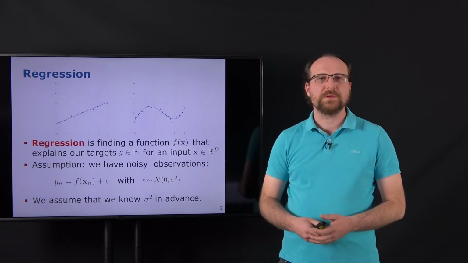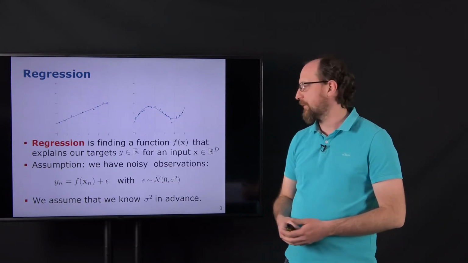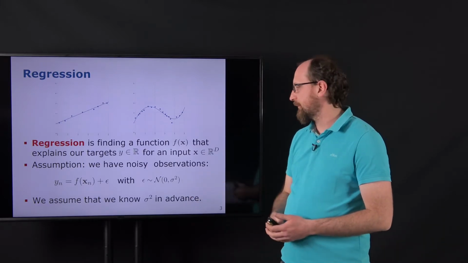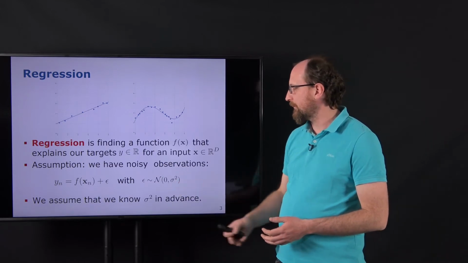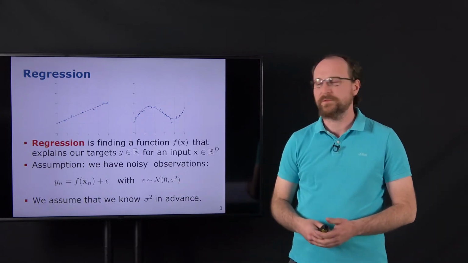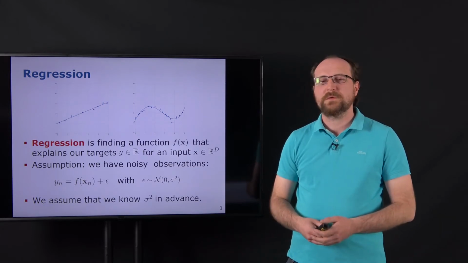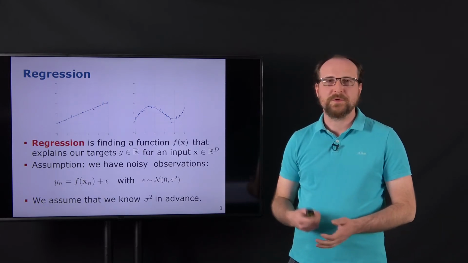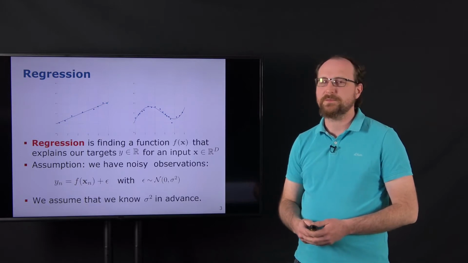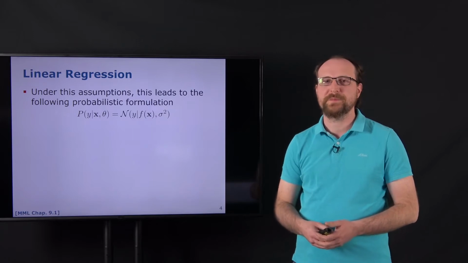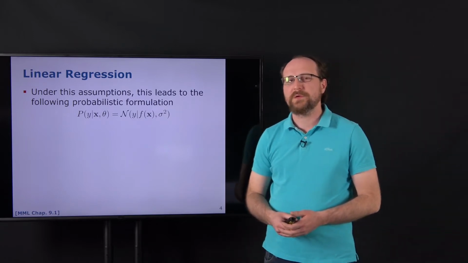In this case we are assuming normally distributed noise, centered at 0, so it has a mean of 0. And we assume for now that we know the sigma square in advance. We are focusing in this lecture mainly on linear regression.